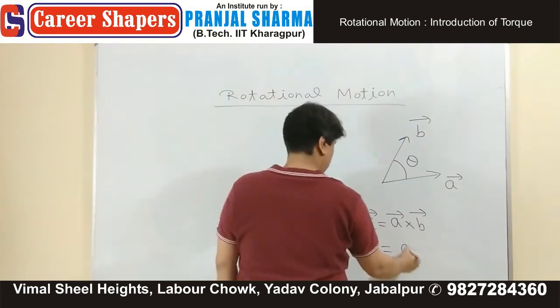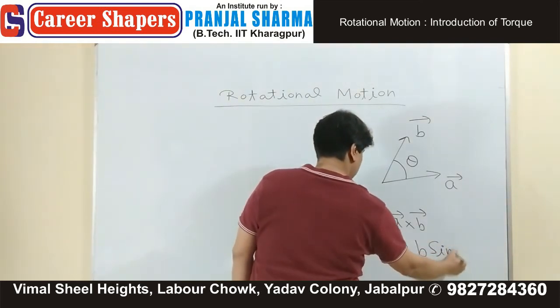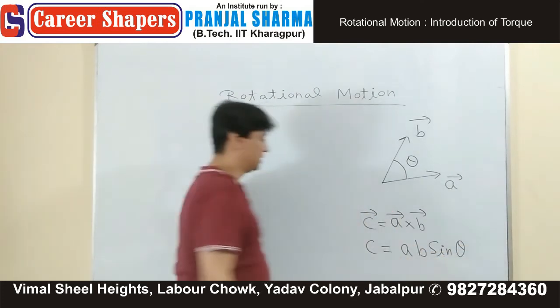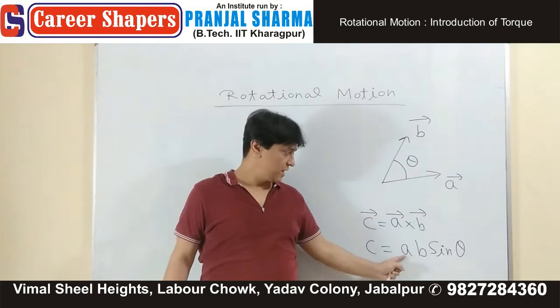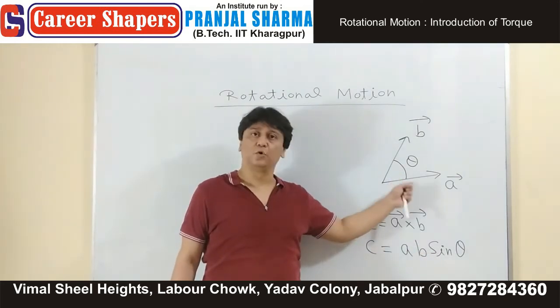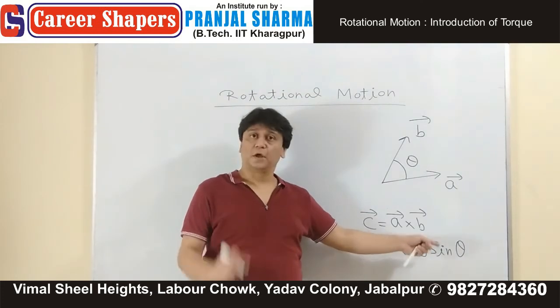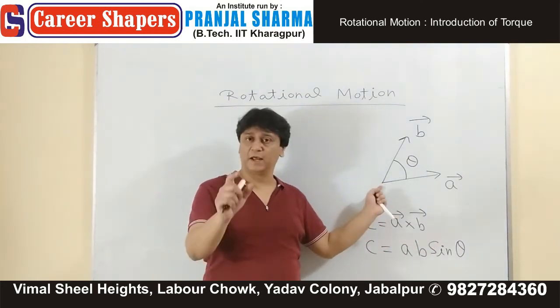C is AB sine theta. Magnitude of first vector, magnitude of second vector, sine of angle between both vectors. And whenever you go for theta, remember, join them with their tails together.